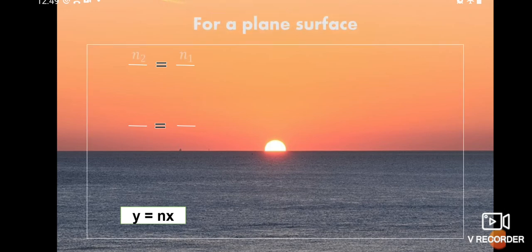See here, it is a plane surface. Okay students. So here for plane surface, n2 by v is equal to n1 by u. Okay, so what is the value of v? Minus y is equal to n1 by, what is the value of u? Minus x.